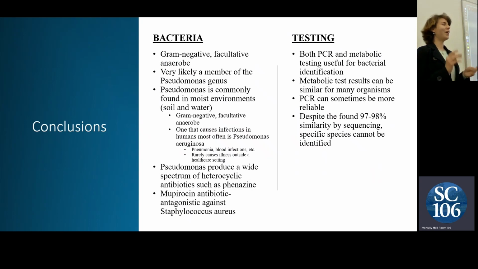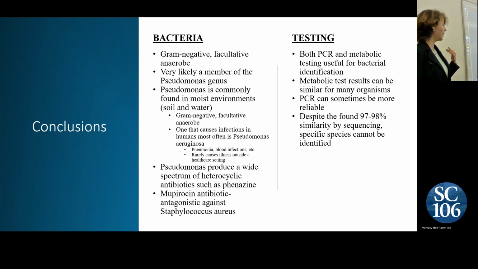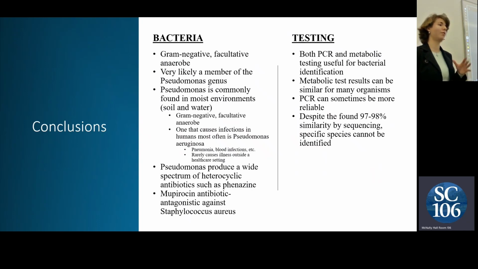It can cause pneumonia and blood infections, and this is more prominent in hospitals than in regular life, so it's not really harmful when you interact with it in soil samples, for example. And once again, Pseudomonas can produce a wide variety of antibiotics, such as heterocyclic antibiotics. An example is phenazine, which is commonly used.